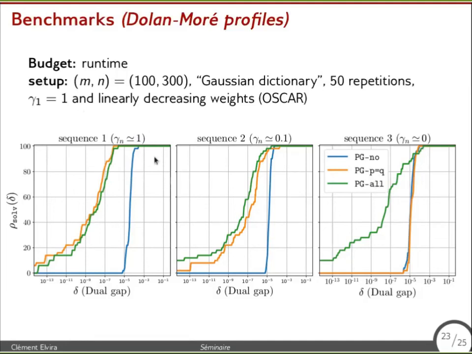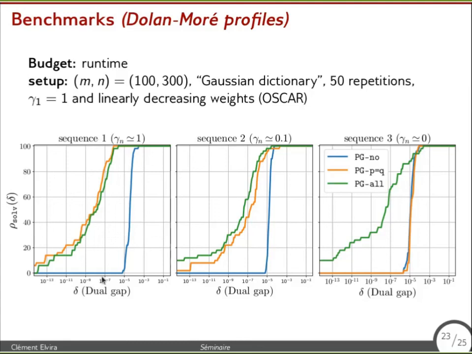The idea is to run all algorithms with the same budget. The budget is running time here, and I stop the algorithm whenever a given amount of time has elapsed. The idea is to see, at the end of the budget, how many instances of the slope problem have been solved up to some duality gap.